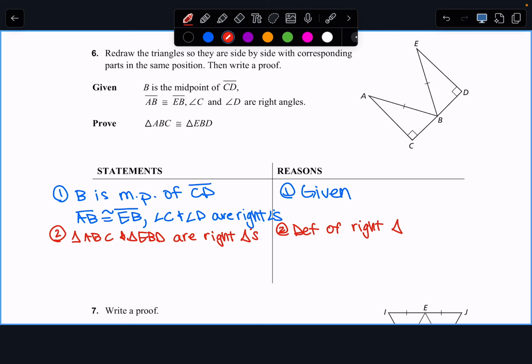Okay? Now we need to establish hypotenuse and leg. Are either of those in the given? Isn't this hypotenuse? Yeah. So we need to establish a leg congruent. Which leg do you think we should use? Okay. CB and BD.